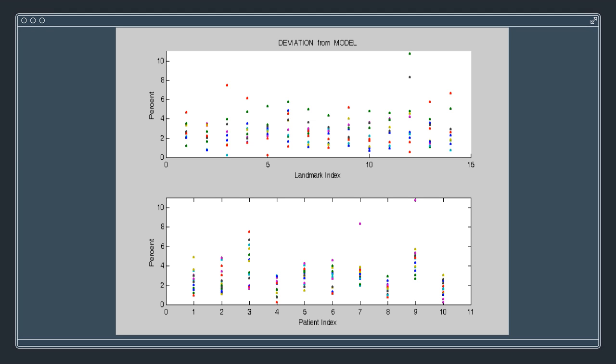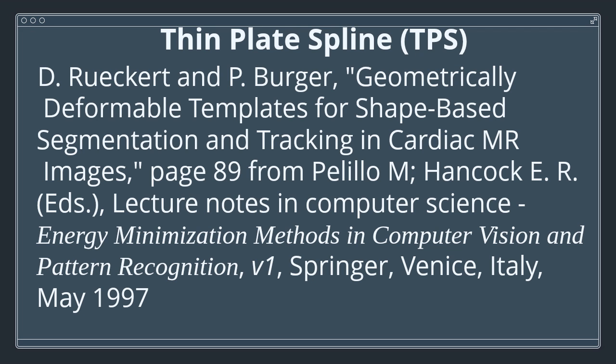All this, and I've hardly even mentioned the non-uniform deformations. They're called non-uniform because they apply only locally. They're not applicable to the entire structure. Those are handled by another processing algorithm, the thin plate spline, in accordance with the reference cited here.